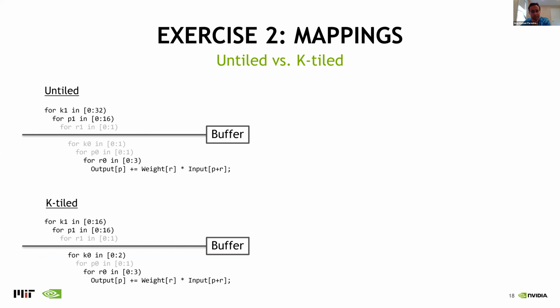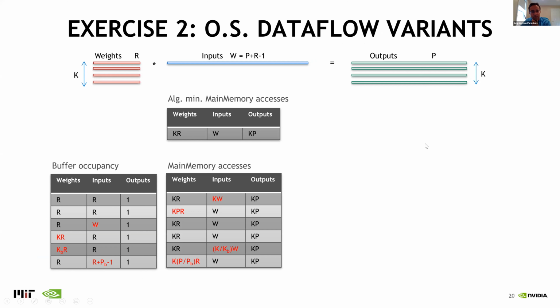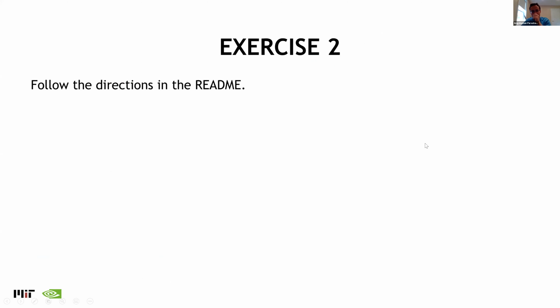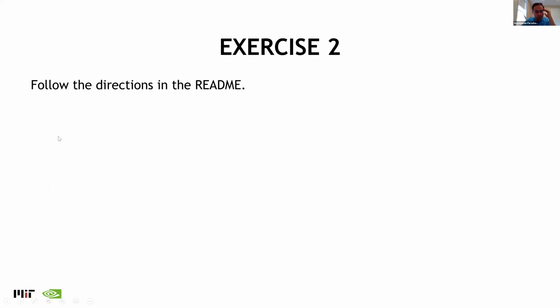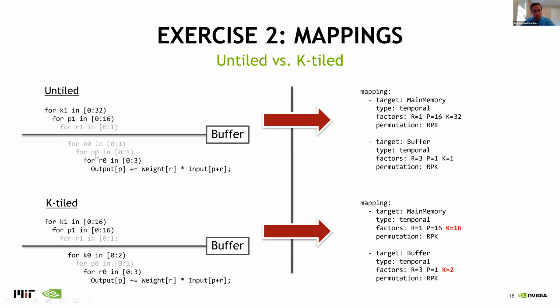Okay, so let's move on. Once again, please look through the instructions in the exercises repository. But one thing I want to mention is, let's go back to this slide. Both the tiled and the untiled variants are actually output stationary, right?